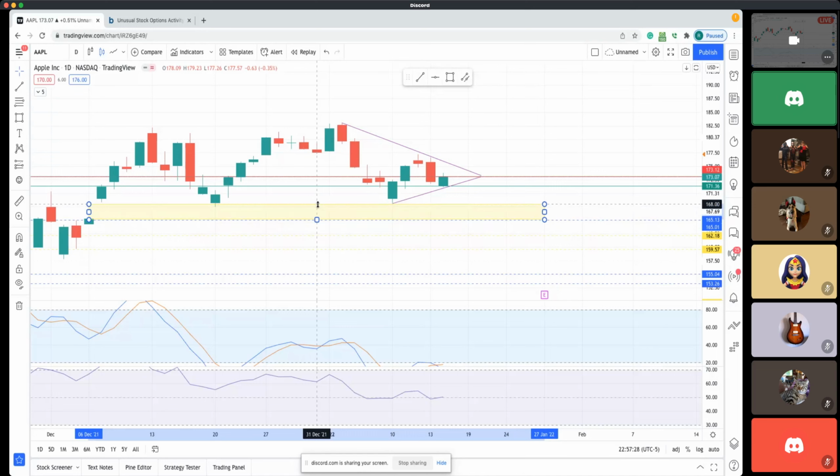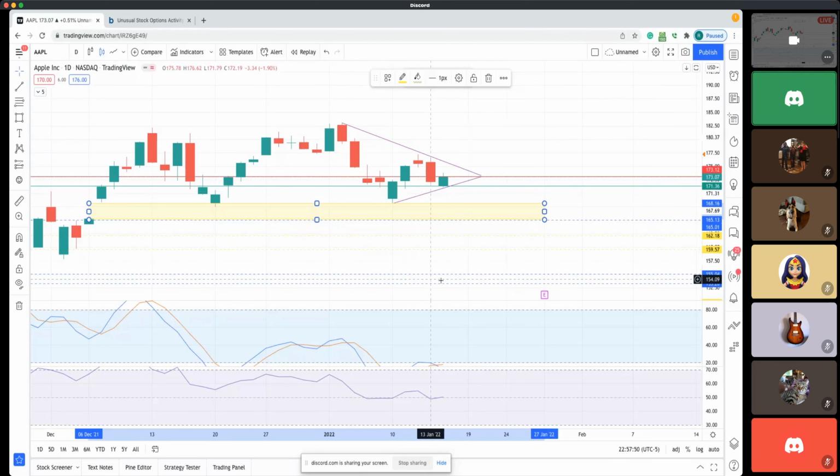I don't know if you see that, Dylan. There's two, three of them, almost there. If that drops, it's easy all the way to the target. Honestly, if it gets down there again, since it's already tested three times, it'll probably go through it. And then you just load up on some more.